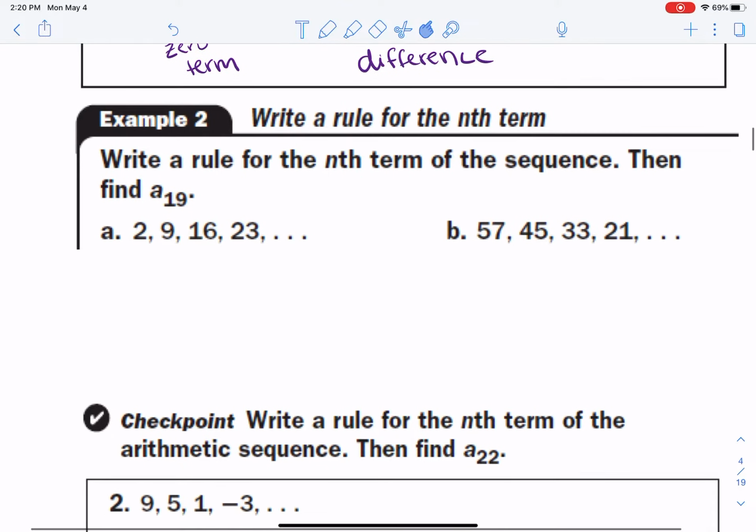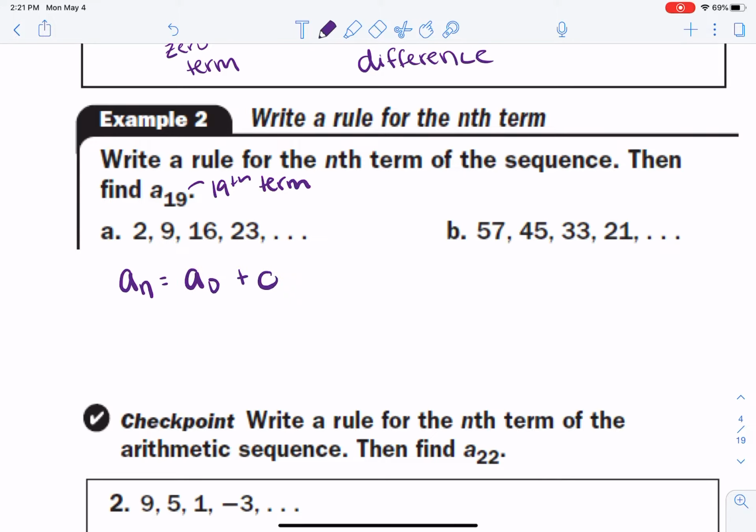So let's look at this example. It says write a rule for the nth term of the sequence, then find a19, that means the 19th term. To write a rule, a sub n is equal to a sub 0 plus dn. We have to plug in a 0 term and the d. I'm going to put a spot over here to label.